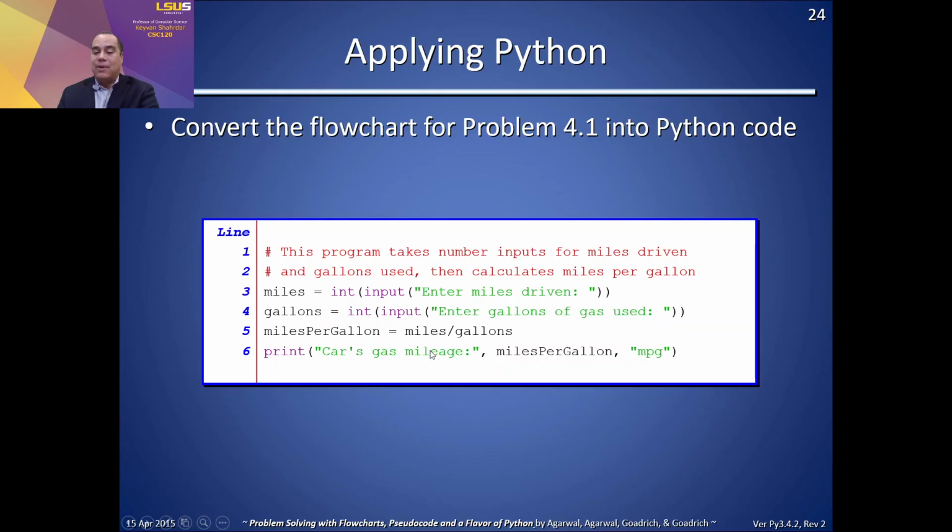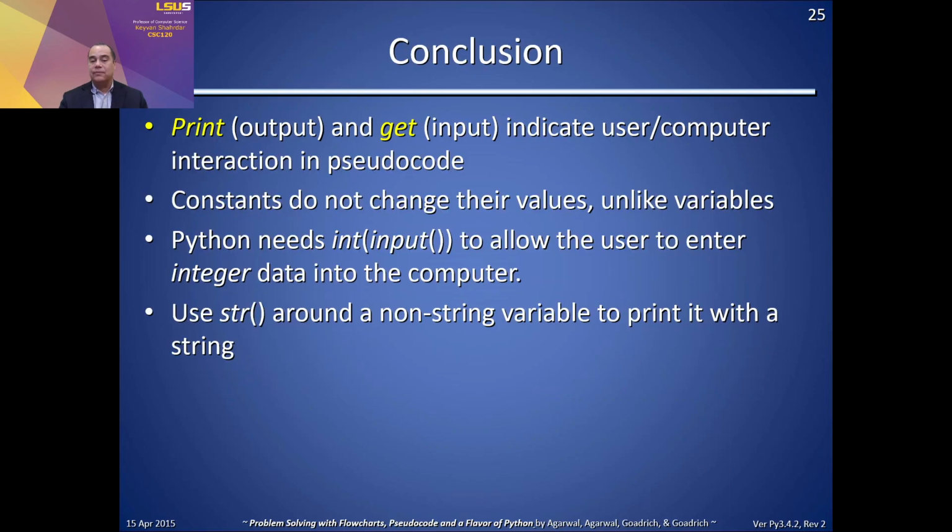Print car's gas mileage, miles per gallon, mpg. You see how we're using a comma here. Commas are different from concatenation. A comma will actually put it in there, even though it is an integer and a string. You could have it that way with a comma, but you cannot have it that way with a concatenation.